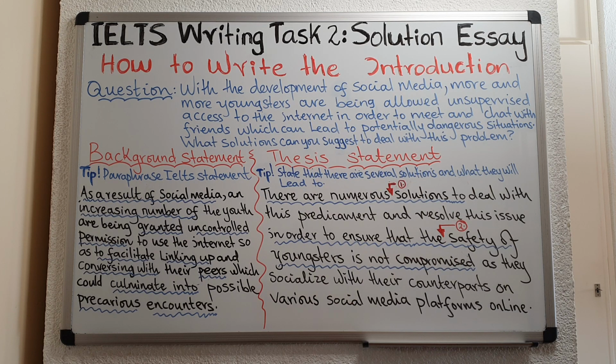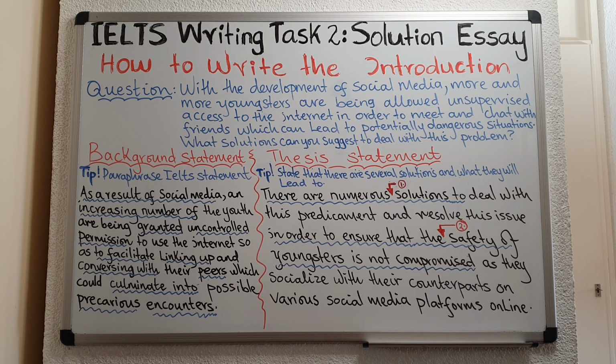And because of that, more and more youngsters, that is young people, they are being allowed by their parents unsupervised access. Unsupervised means that their parents are not supervising them. Their parents are not sitting there and watching them as they use the different types of social media.